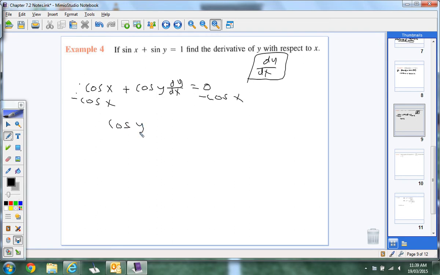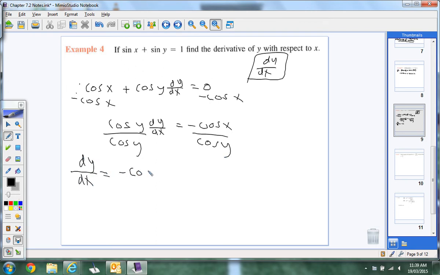Cos y dy/dx equals negative cos x. And we just divide the cos y off. And you're done. So the derivative is negative cos x over cos y. See, not too bad.